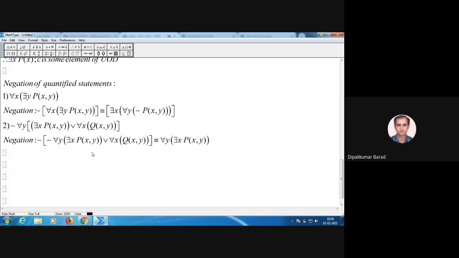Now we have not for all y in bracket there exists x such that P of x y, or for all x Q of x y. If we apply negation, it is clearly for all y there exists x P of x y, or for all x Q of x y. If I want to write the negation of this, again I have to correct this, and here I also require a bracket.